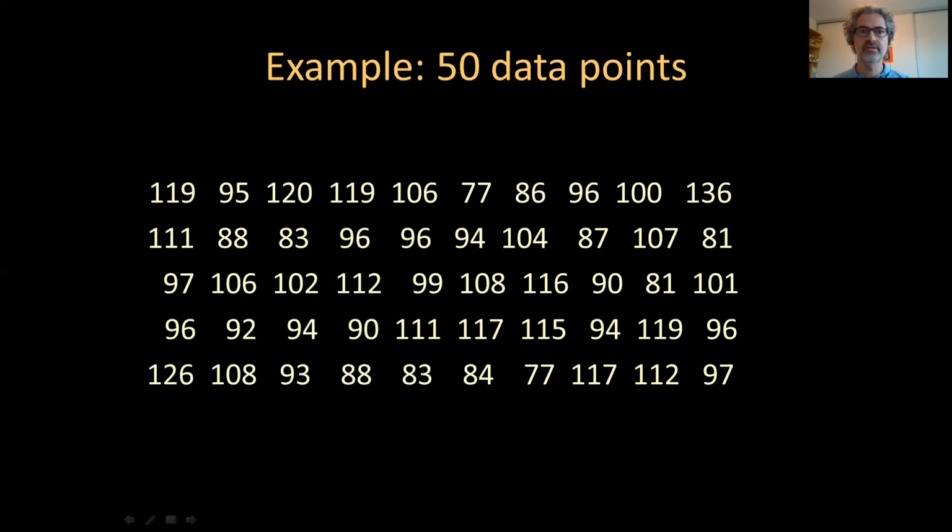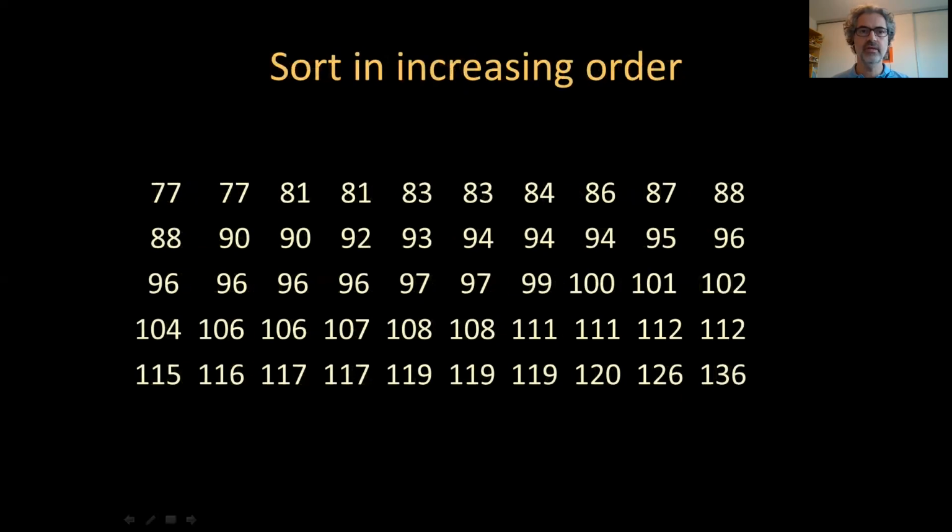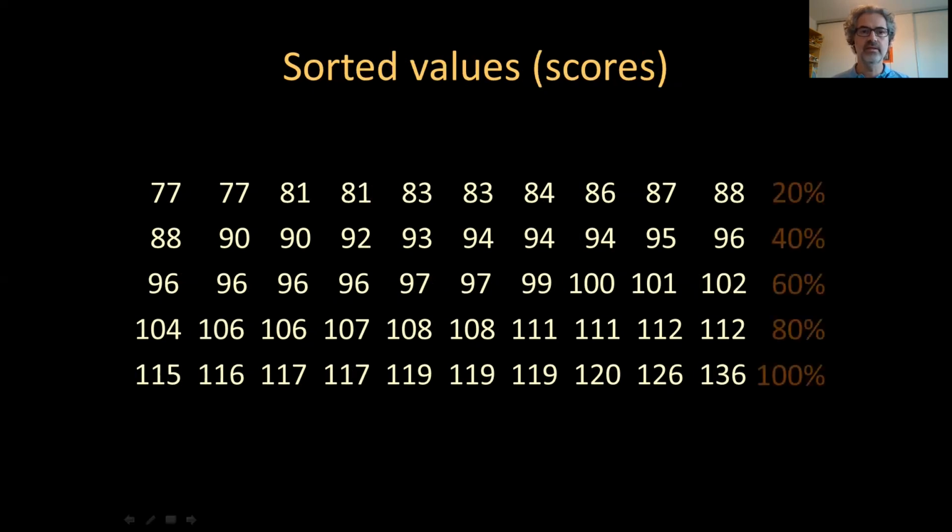Let's look at some more examples in this simulated data set. These are 50 data points. There are 10 on each row. If we first sort them in ascending order, so the first one is the smallest, the last one is the largest. And so at these sorted values, 20% of the data is on the first row, 40% of the data on the first two rows, and so on.